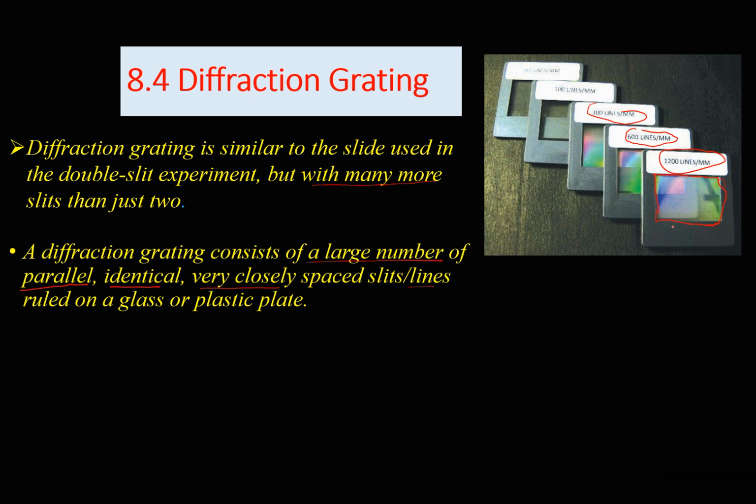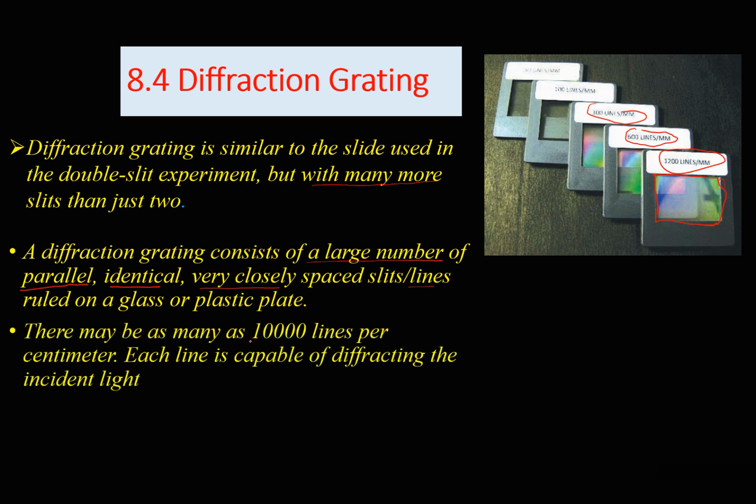So these lines can only be drilled or rolled through this plastic material using a machine. So there are many lines. There may be as many as 10,000 lines per centimeter. Each line is capable of diffracting the incident light, which is incident onto the diffraction grating.